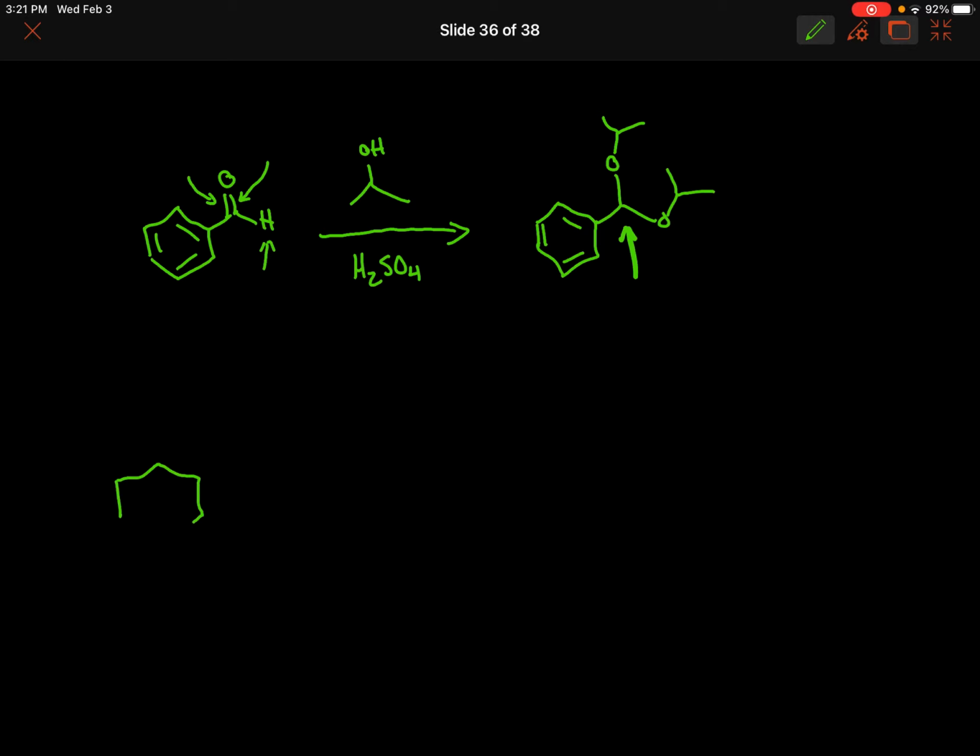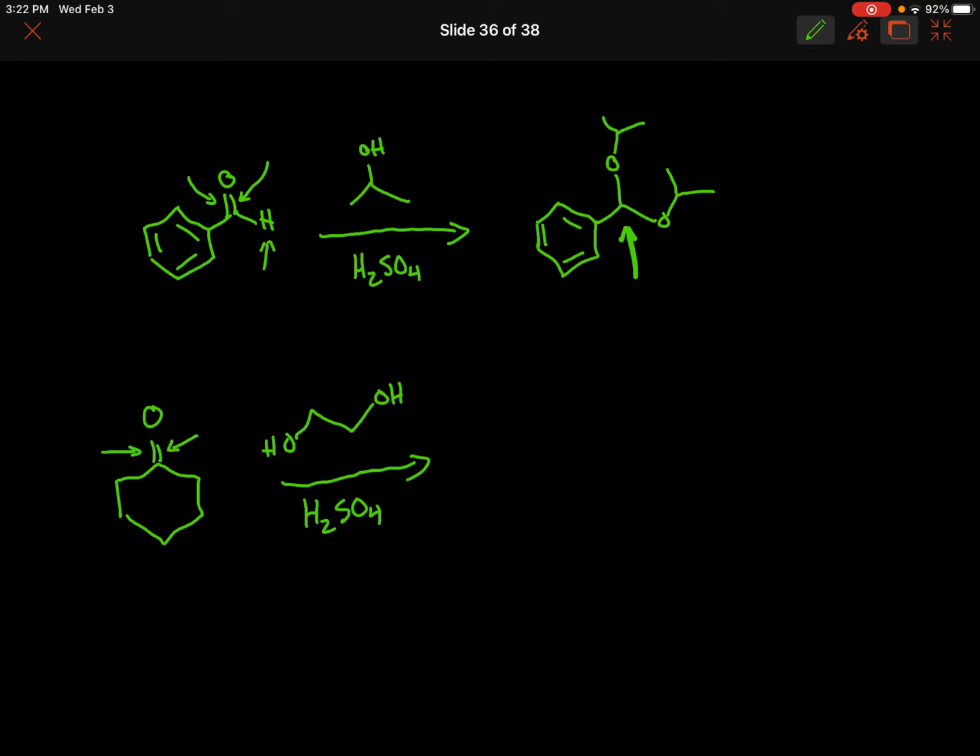Do one more together. What if we have a ketone and we treat that ketone with, let's do a very special alcohol here, ethylene glycol. So note that in ethylene glycol, there are two OH groups.